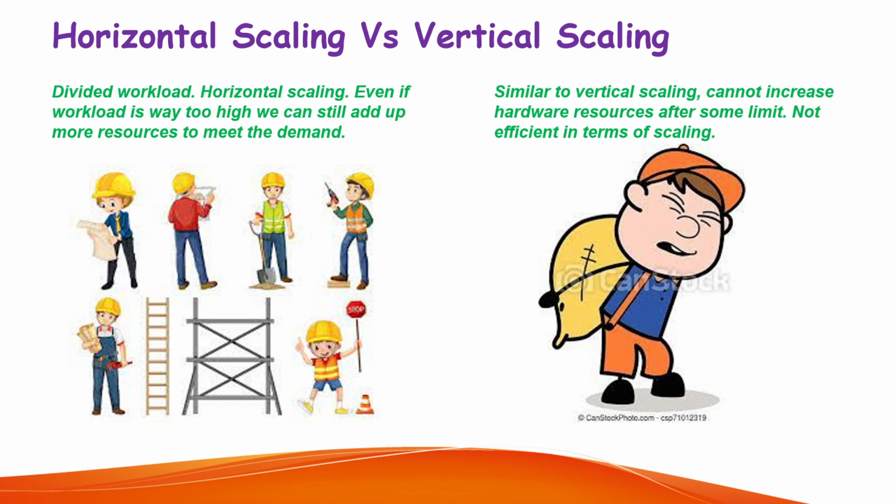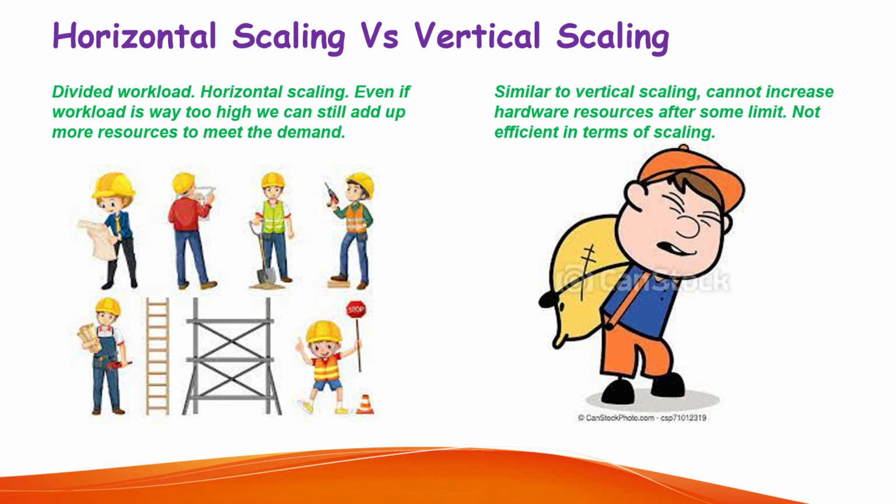Okay, hope this picture helps you in providing clear-cut knowledge in terms of horizontal scaling and vertical scaling. So whenever you have too many machines which can cater to all the incoming requests, the workload gets divided.